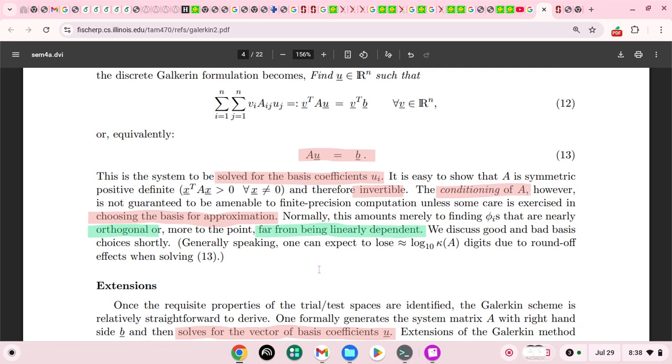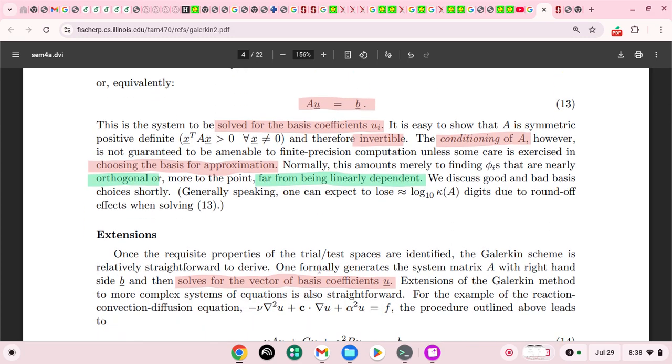Also, the conditioning of this matrix depends upon what basis functions we are choosing. It would be better if the basis functions are orthogonal, not linearly dependent, far from linearly dependent, and span the space widely. This weighted residual formulation can be applied not only to the Poisson equation.